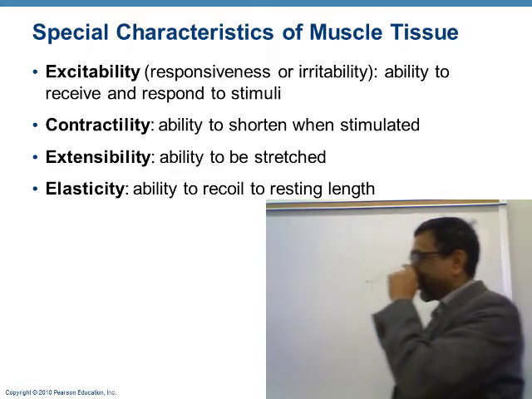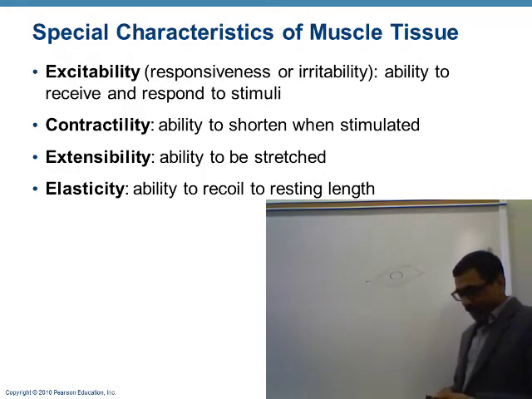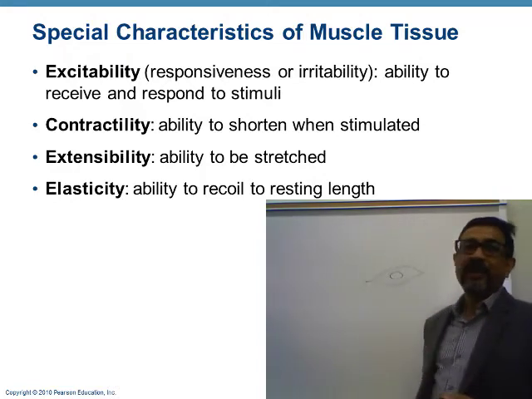So I'm repeating again: excitability is the ability to respond to a stimulus. Contractility is the ability to get shorter, and extensibility is the ability to get expanded by pressure, and elasticity is the ability to recoil, to go back to its actual shape.